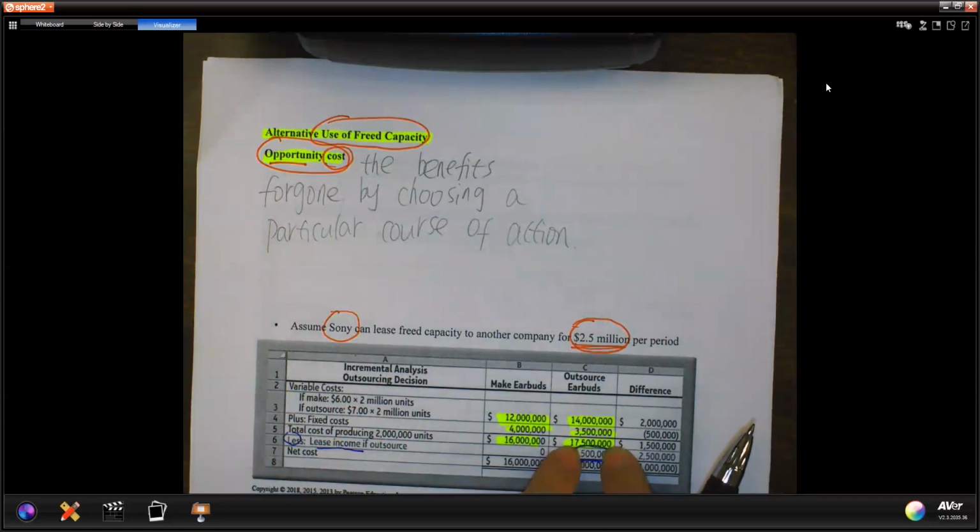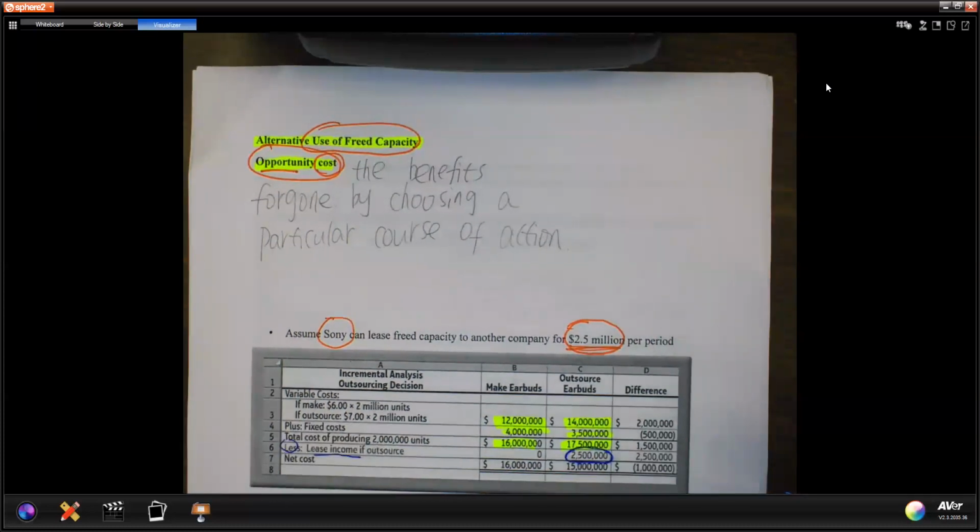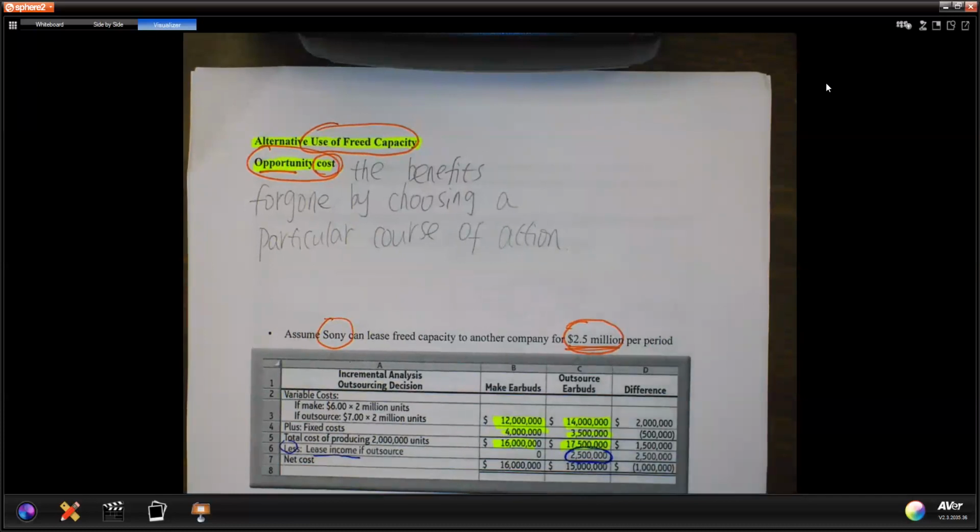So your total cost was 17.5 million, but you can earn $2.5 million by leasing it out, so your net total cost will be 15 million when you buy. When you make it, it's 16 million, so now we should buy and rent out our facility.